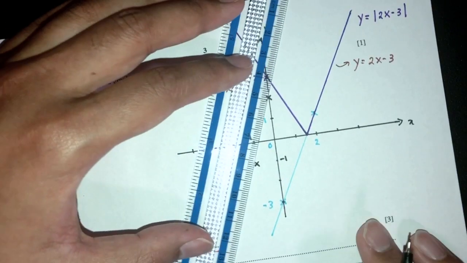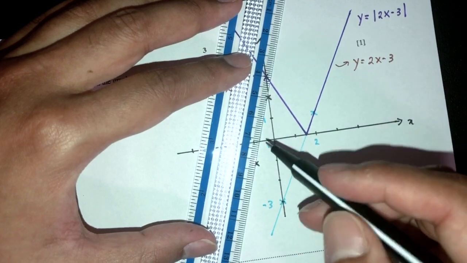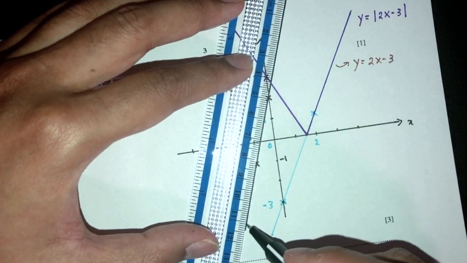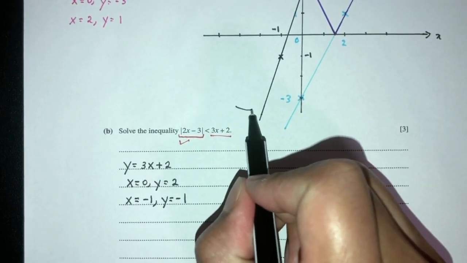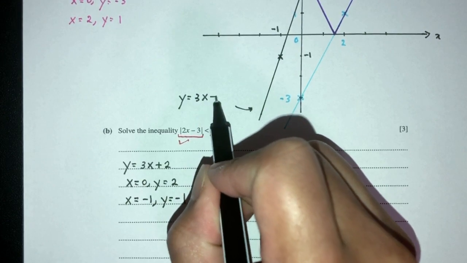Now let's join these two for the sketch of that line. Right, so this is the line y equal to 3x plus 2.